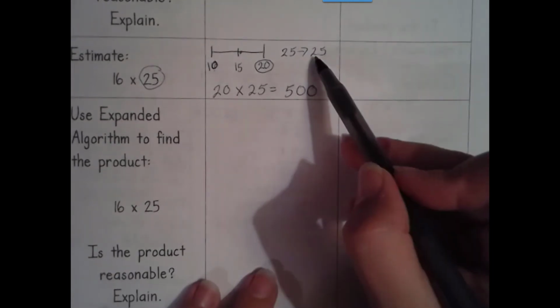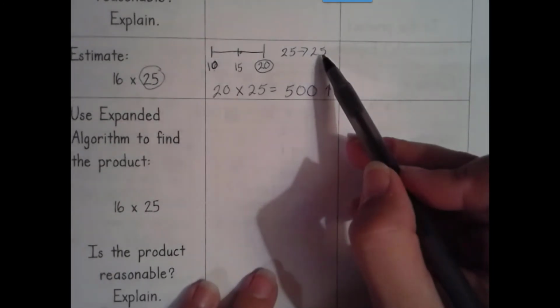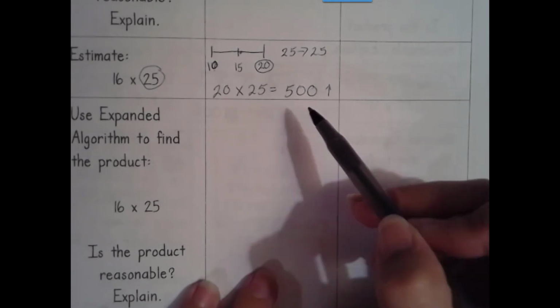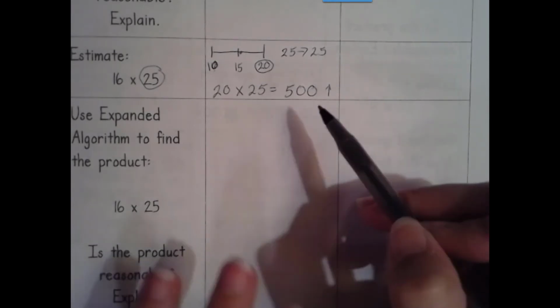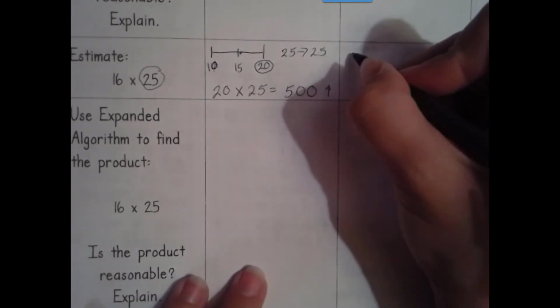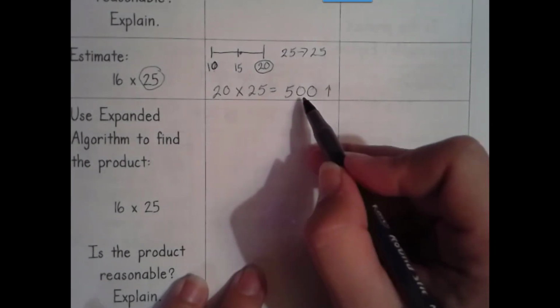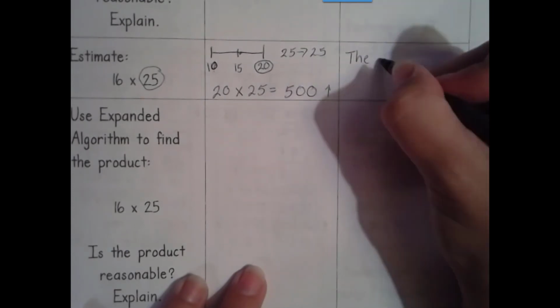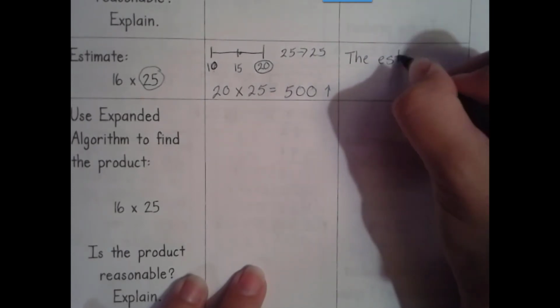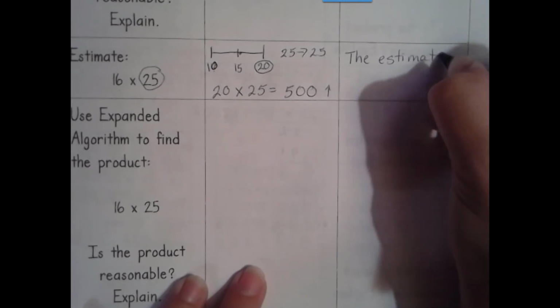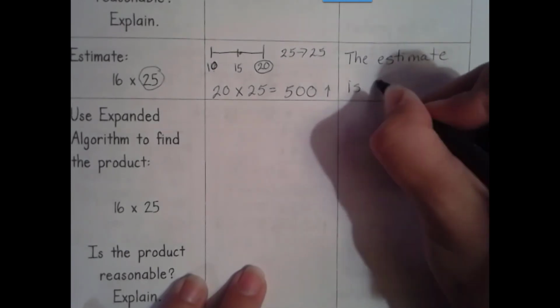So if you rounded to 30, then you would have gotten 600. So that just gives you a possible estimation just a little bit farther from the actual product. But it is an estimation. The estimate is 500.